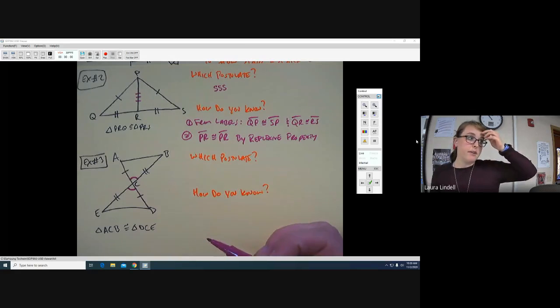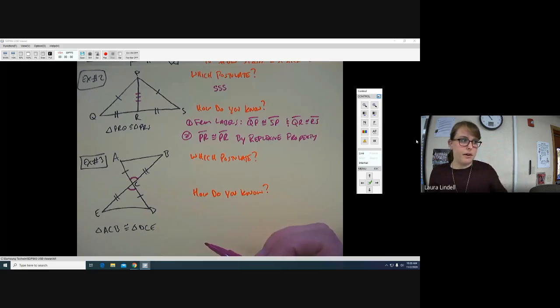So now that we see vertical angles, which postulate do we think we're going to use? SAS or SSS? What do we think?